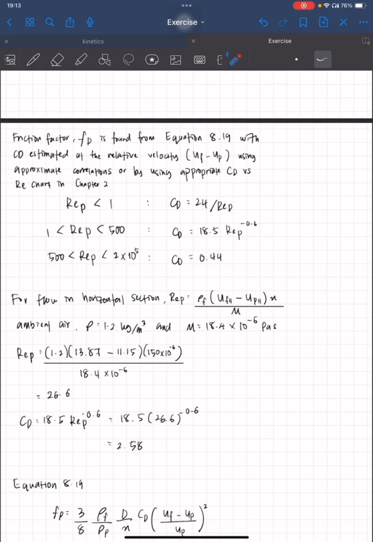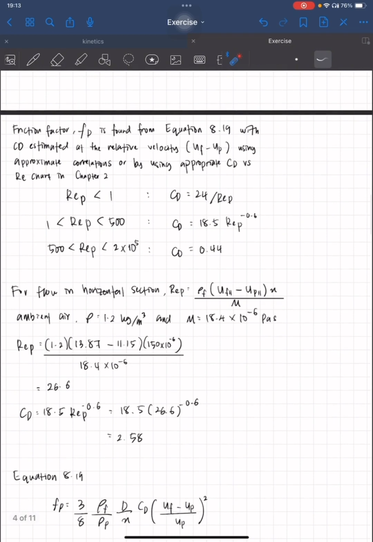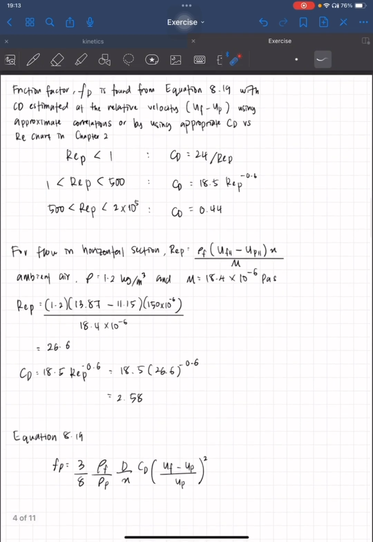Then we need to find the friction factor. To find the friction factor, we need to use CD. The CD is obtained from the correlation from equation 8.19, by using the fluid velocity and the particle velocity obtained earlier. So we need first to find the Reynolds number for the particle, which is 26.6.